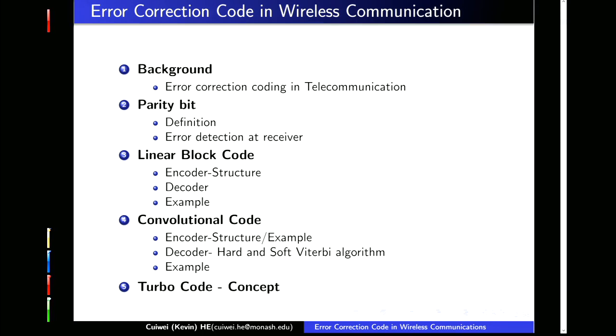It uses two convolutional encoders, and in the decoder it uses two convolutional decoders, with a soft information exchange process. However, it's very difficult to explain all the details within only 2 lectures. But I will still cover the concept of turbo code. If you have any questions, I would be more than happy to explain after my lecture.